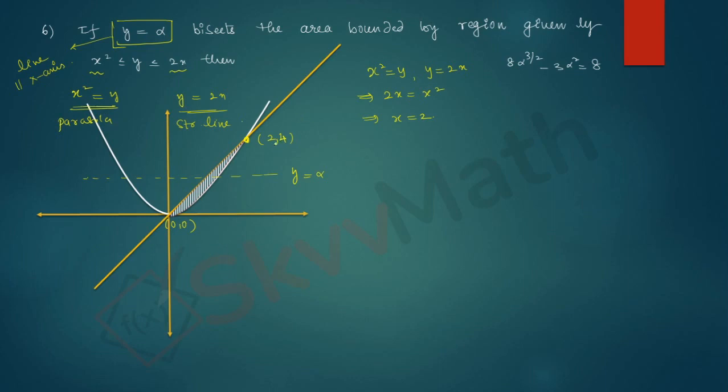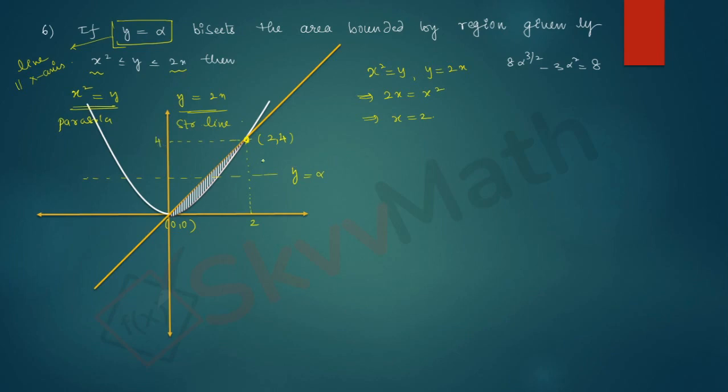Now the total area we can find using any method, using y values or using x values. If you want to find the area, you have to integrate from 0 to 2, where this point is x equals 2 and this point is 4.